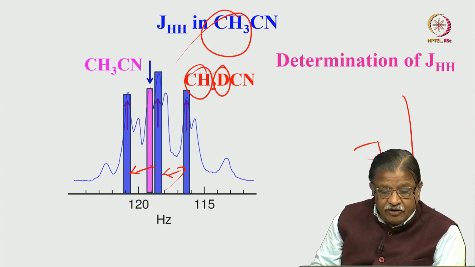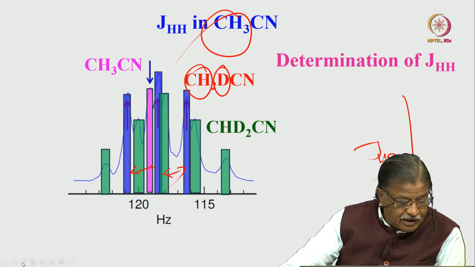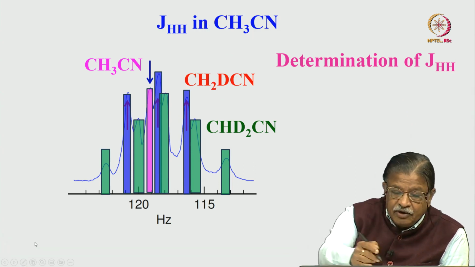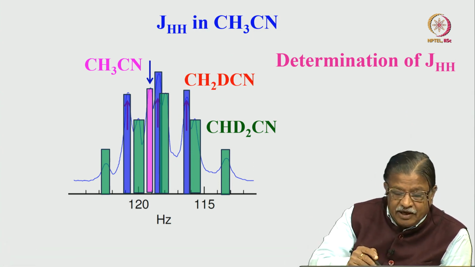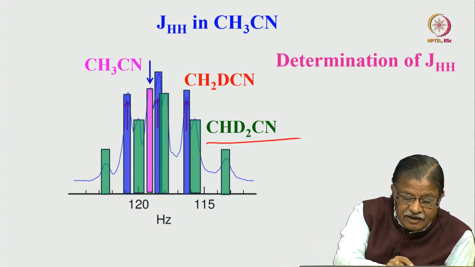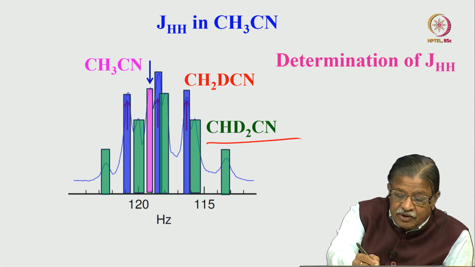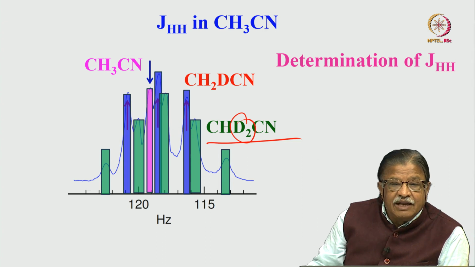Alternately, you can also do another one. Instead of 1 proton, you can replace 2 protons by deuterium, then it will become CHD2CN. Then you get a 5 line pattern, because 2 deuteriums are coupled.